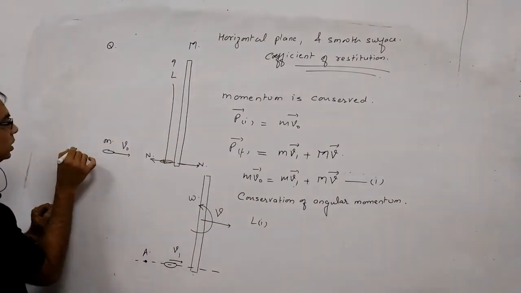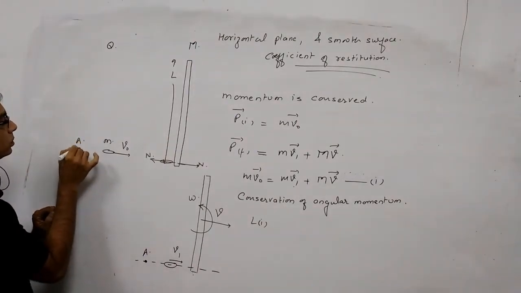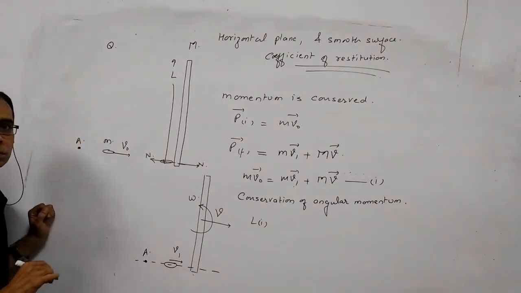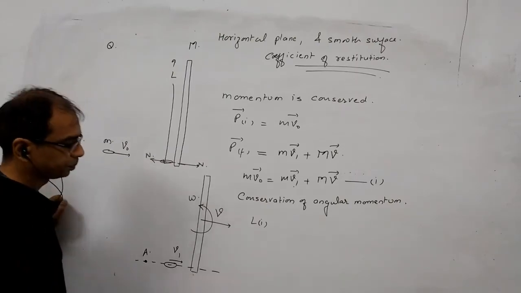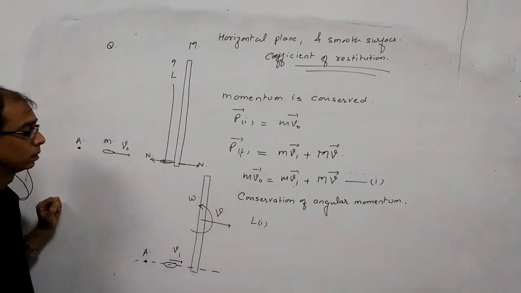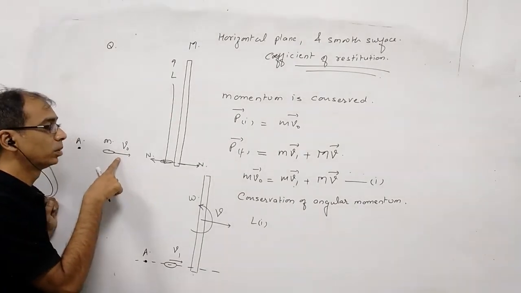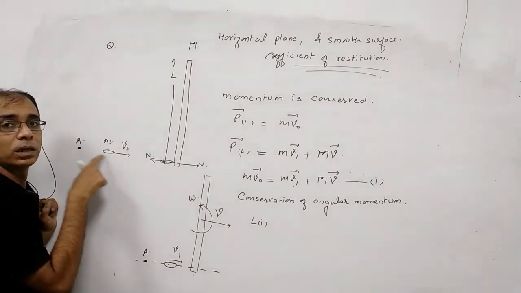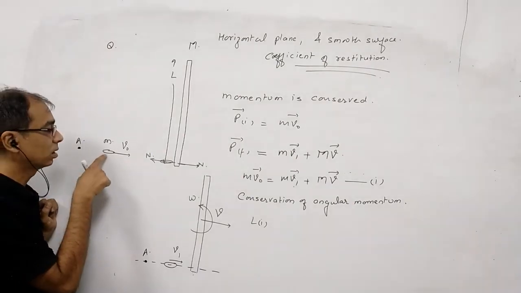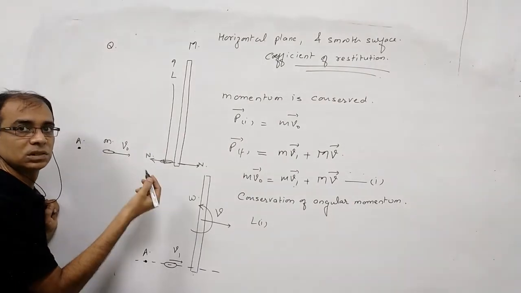This is moving. Initially, what is its angular momentum about this point? They are in the same line, so R and the momentum are along the same line. So it's 0.